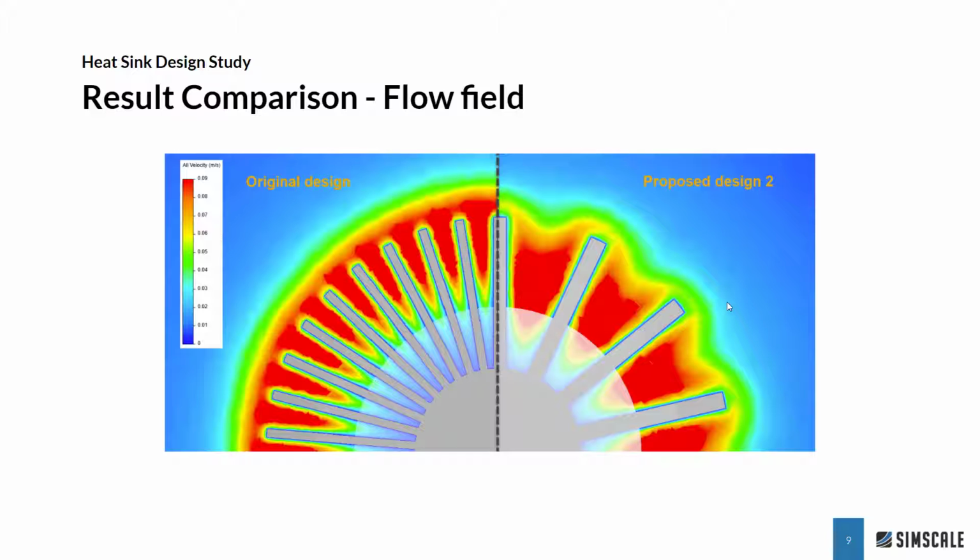And we can actually understand why this is the case by looking at the convective behavior. If we look at the original design here, we can see that there's actually not that much penetration of the airflow to the center of the heatsink channels, whereas in the proposed design 2, we have a much greater amount of flow within the heatsink channels, thus increasing the cooling capacity.